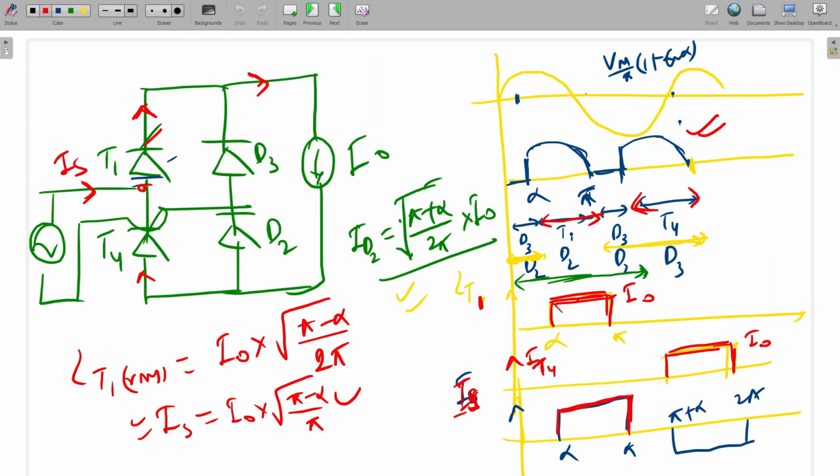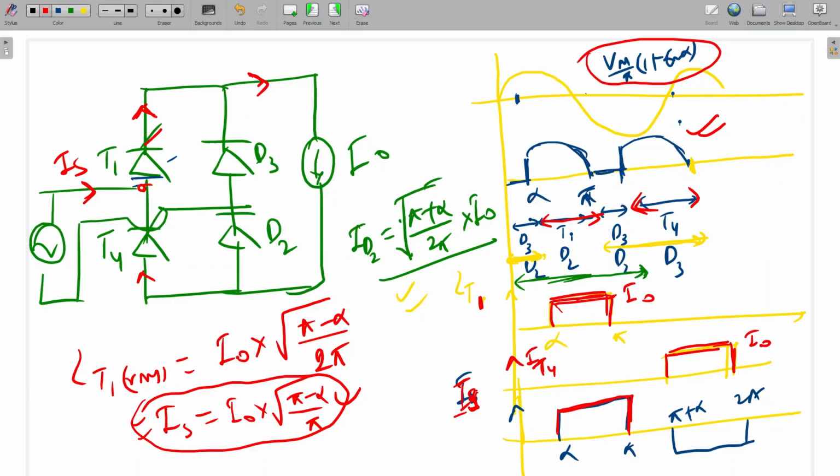So the input power factor and THD definitions will be the same for all configurations. Only if they ask for the diode or thyristor current do we have to be careful. Otherwise, only one formula will be there for all. This is the source current formula, and it will be common for all, and the output voltage Vm upon pi times 1 plus cos alpha will also be common for all. Is it clear? Now I will do the Fourier analysis of this source current waveform.